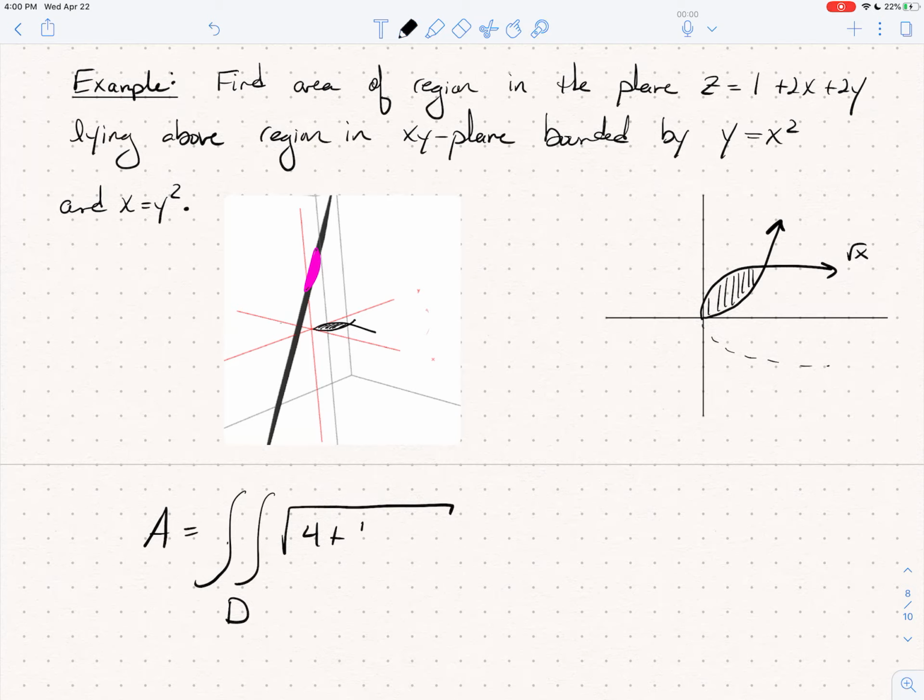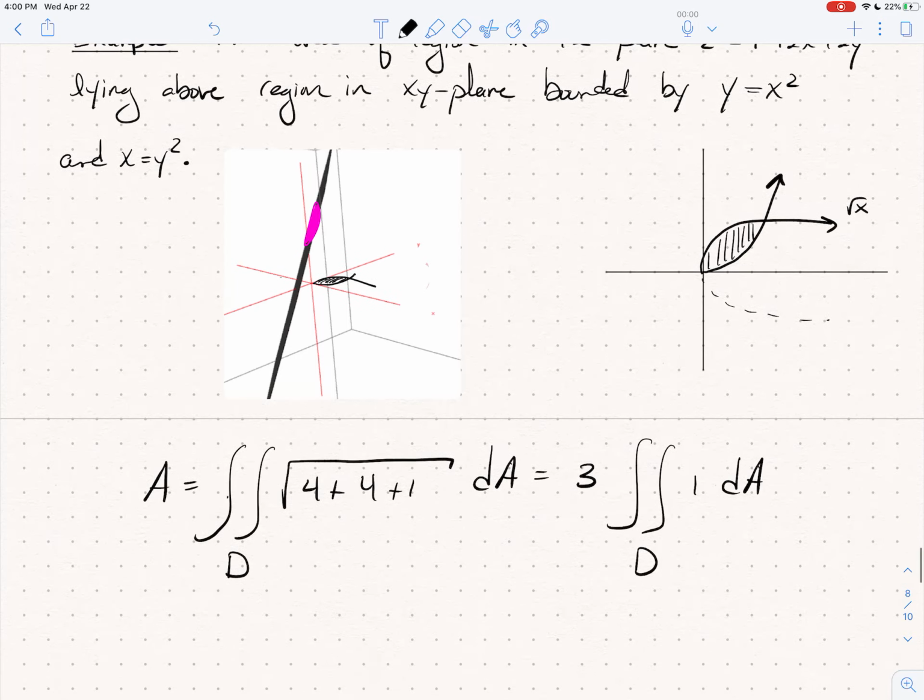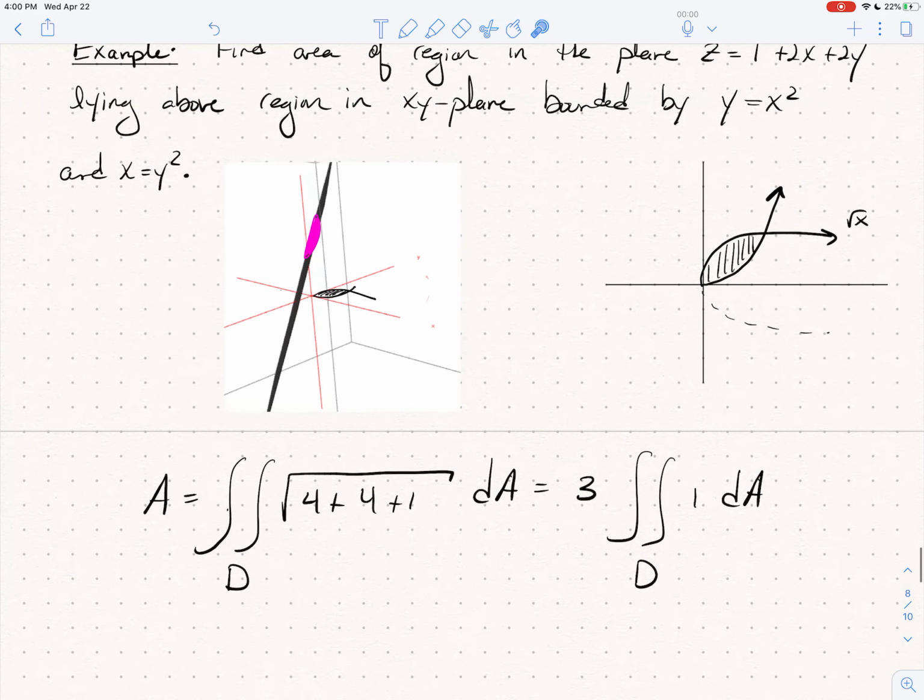F partial y is 2, 2 squared is 4, plus 1, dA. I like this. This is just 4 and 4 and 1 makes 9, so root 9 is 3. So this is exactly 3 times the double integral over D of 1 dA.